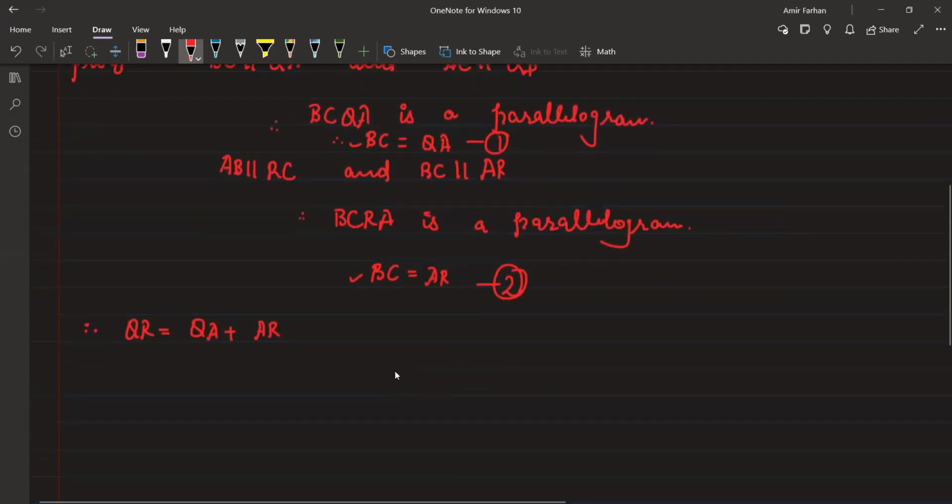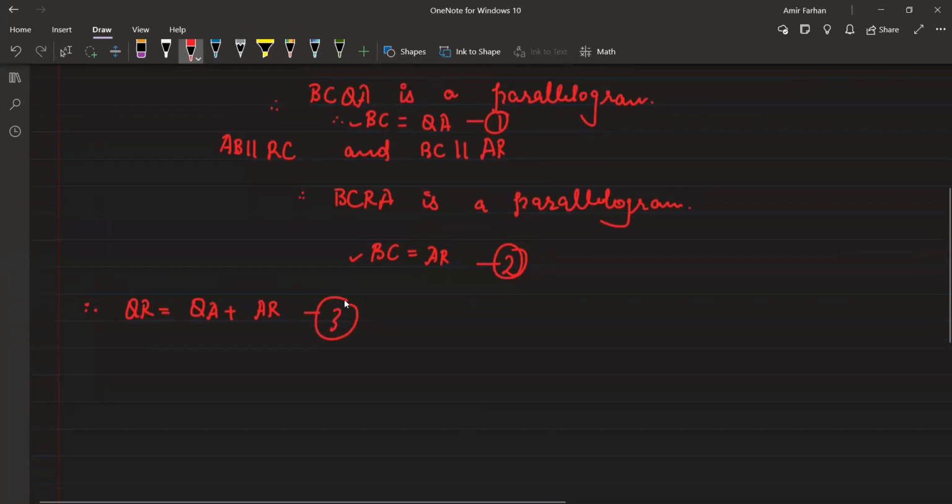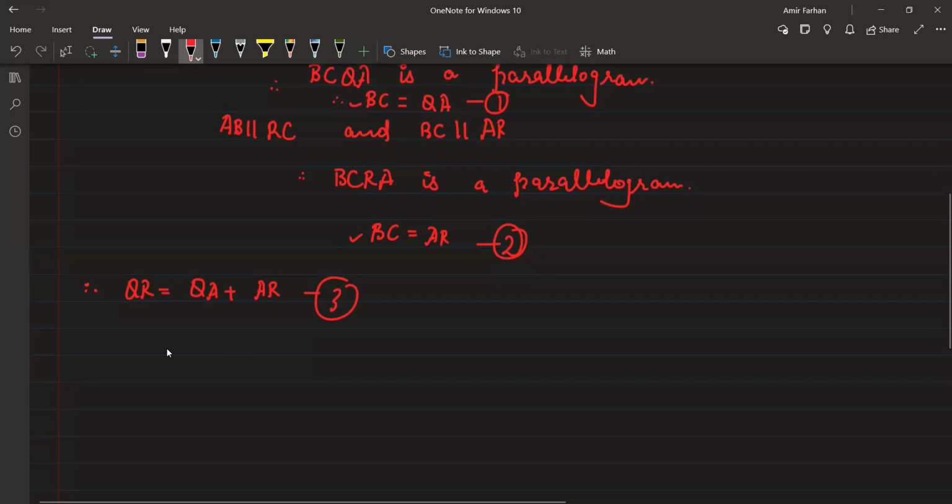So from here, this is equation number 3. Add equation number 1 and equation 2.